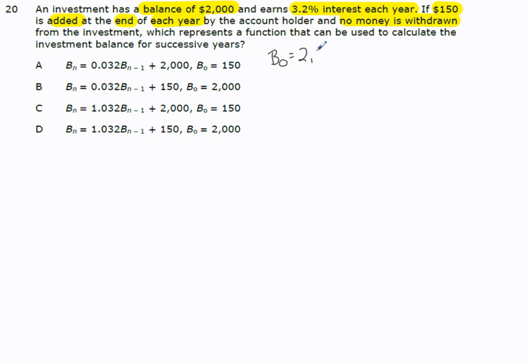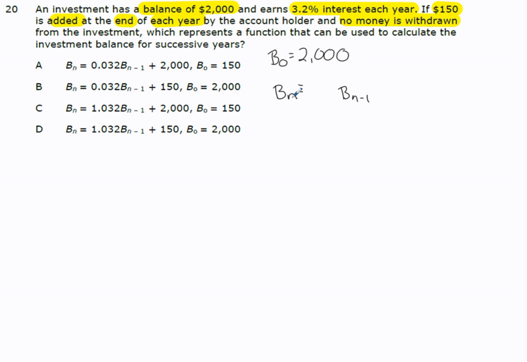That's going to be $2,000. All right, so this year's balance, if we look at this year versus last year, this year is going to be what we had last year, which is b sub n minus 1, times, we want that 3.2% interest to be added to the 100% of the money that we have right now.